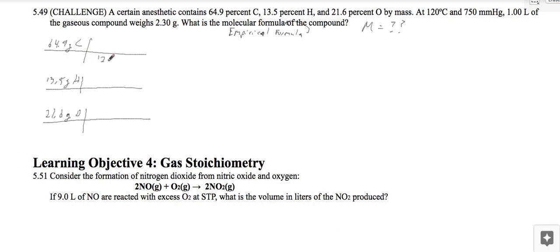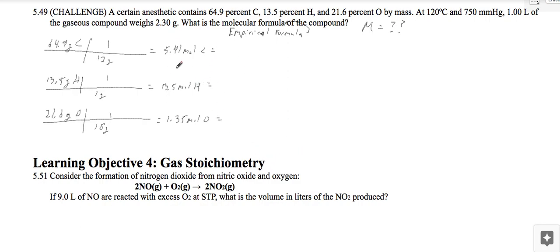And here's 12 grams, 1 gram, 16 grams. Using some shorthand here to scoot by some of the work. That's all 1 mole. And we end up with 5.41 moles carbon, 13.5 moles hydrogen, and 1.35 moles oxygen.